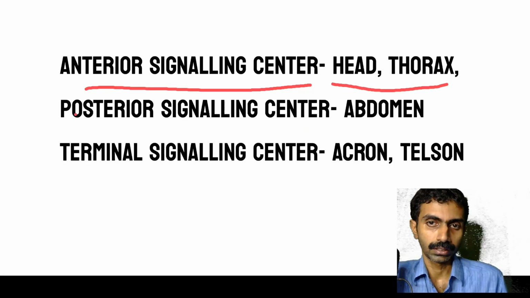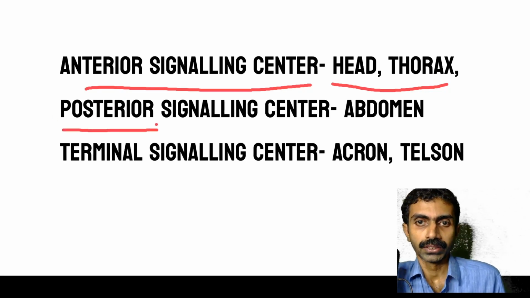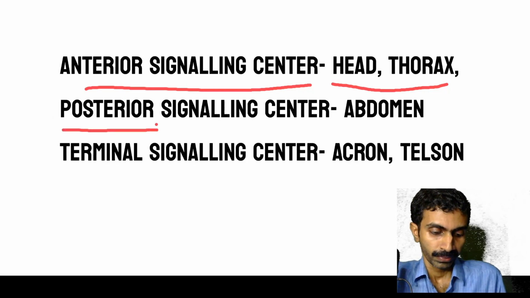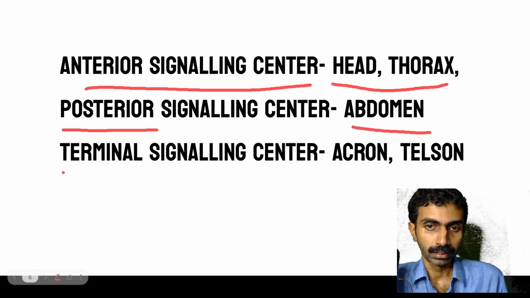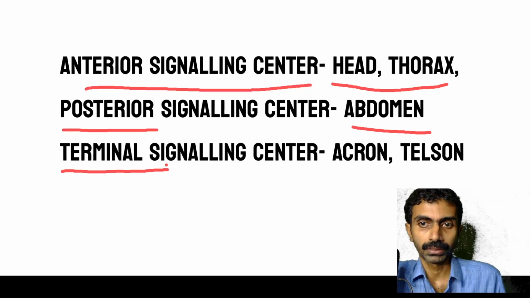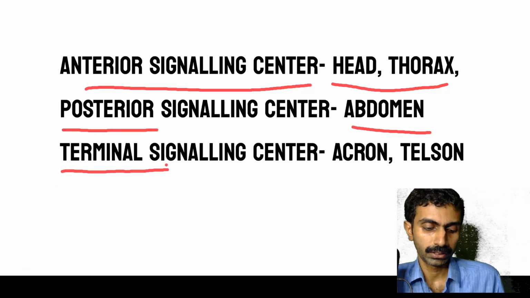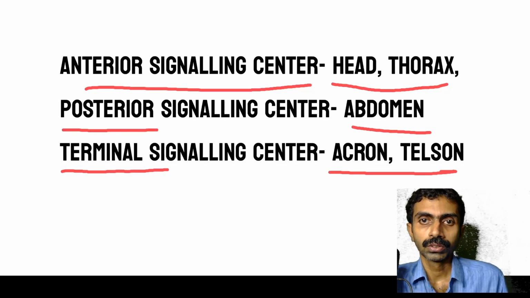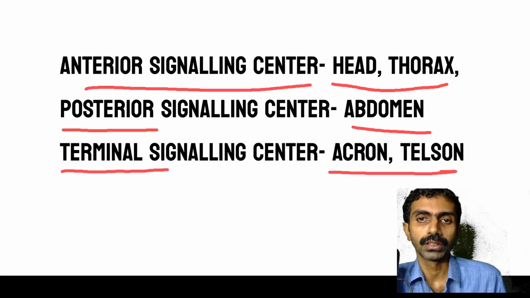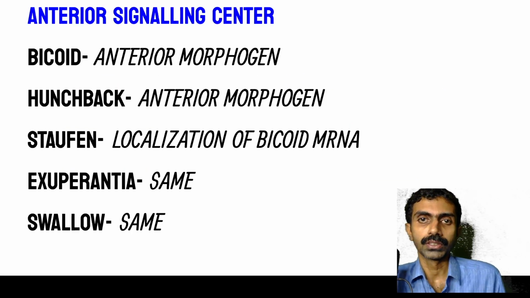The second center is called the posterior signaling center, which leads to the formation of abdomen. And finally, the third signaling center is called the terminal signaling center, which leads to the formation of acron and telson, which we mentioned a little earlier. Now we will see which genes are involved in each of these three signaling centers. First we will see the anterior signaling center.